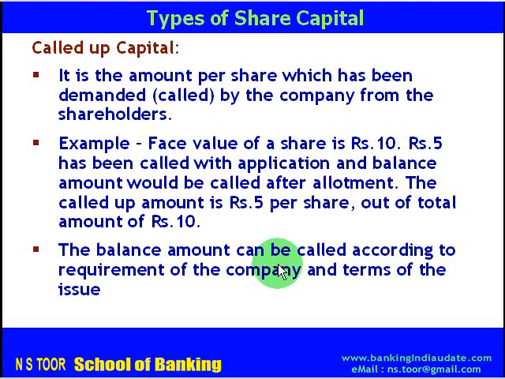This balance amount can be called according to the requirement of the company and terms of the issue. So here, for rupees 10 per share, the company has only asked the shareholders to pay rupees 5 per share for the time being. The balance amount will be demanded as per requirement of the company and as per terms of the issue.